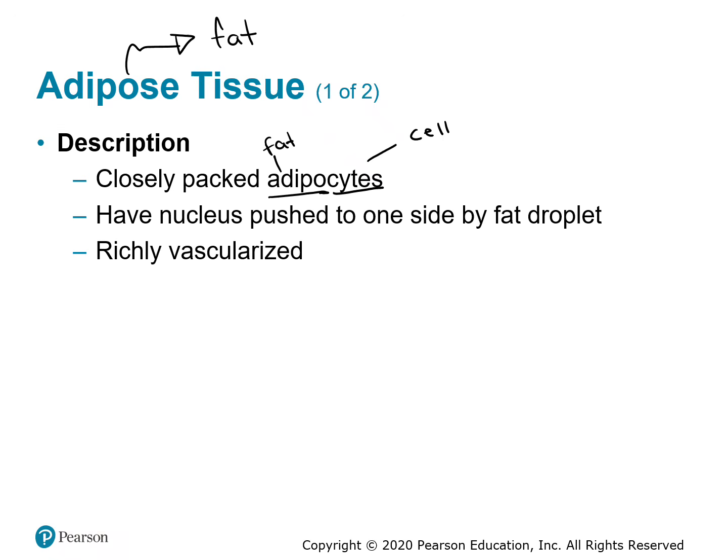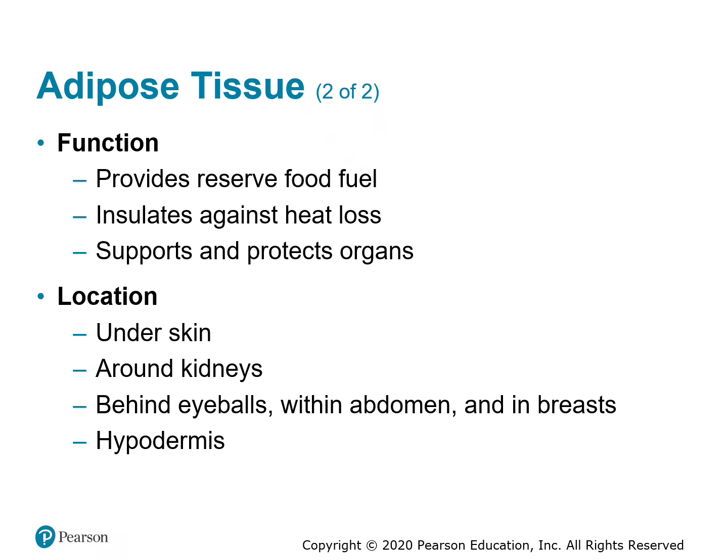These adipose tissues are highly vascularized, so they do get a lot of blood coming to and from them. Adipose tissue functions as a reserve food source, insulates against heat, and does quite a bit of protecting and supporting your organs. Okay? You're going to find it anywhere you find fat, honestly.